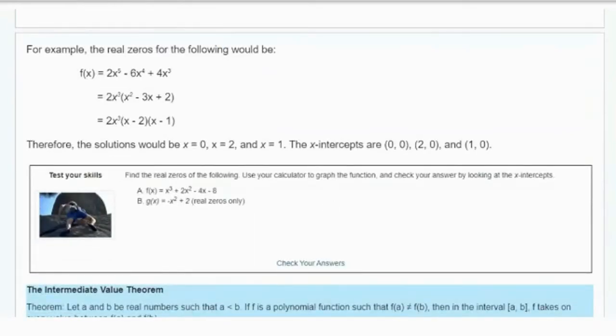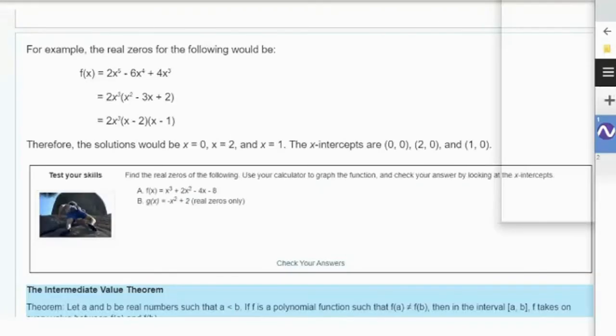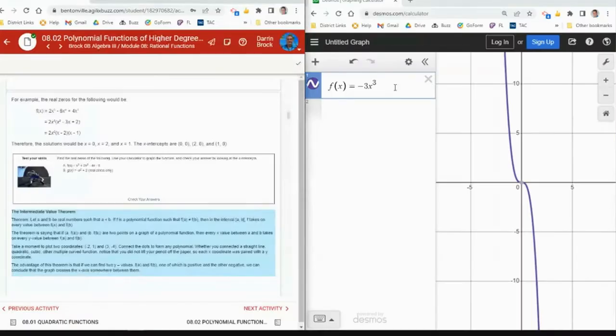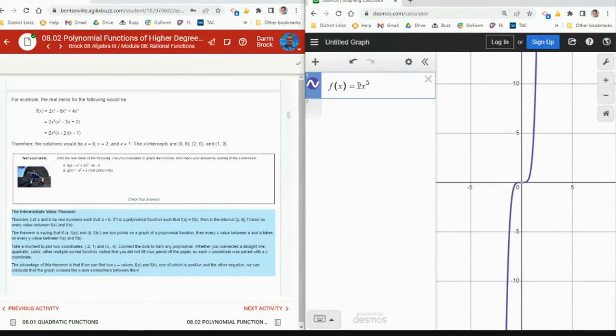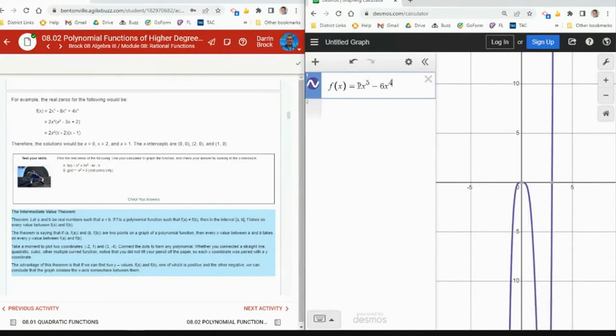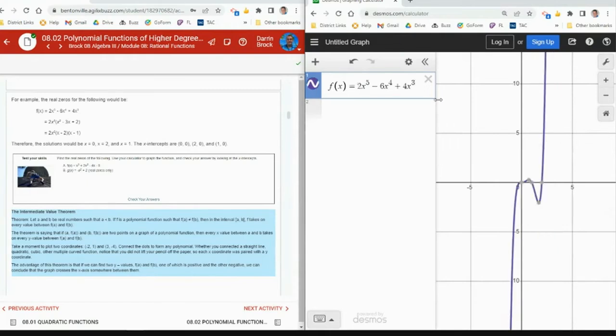2x to the fifth minus 6x to the fourth plus 4x to the third. All right, so we have graphed that. It says the solutions are 0, 2, and 1. Well, let's see what they're talking about.